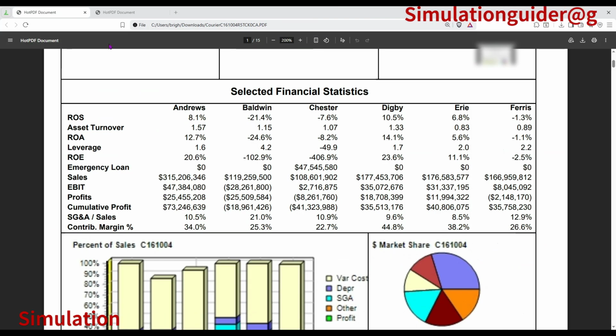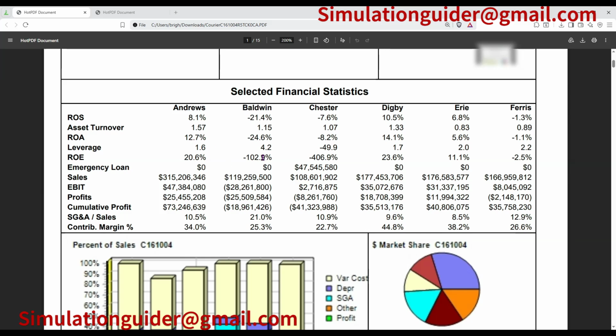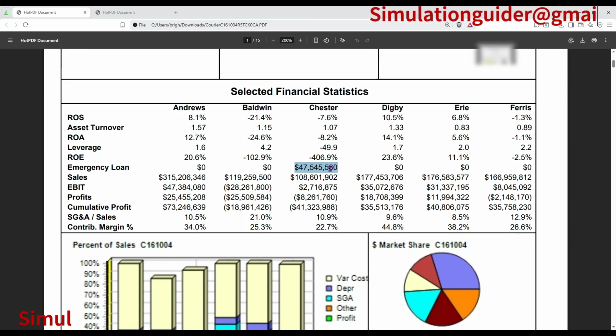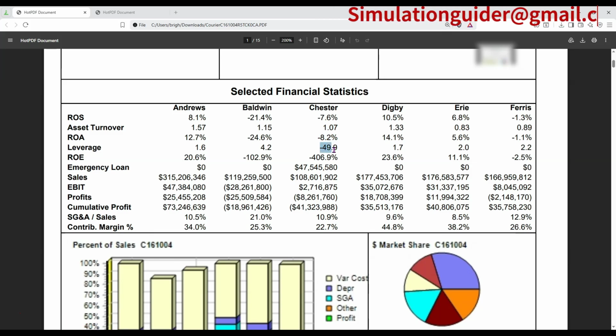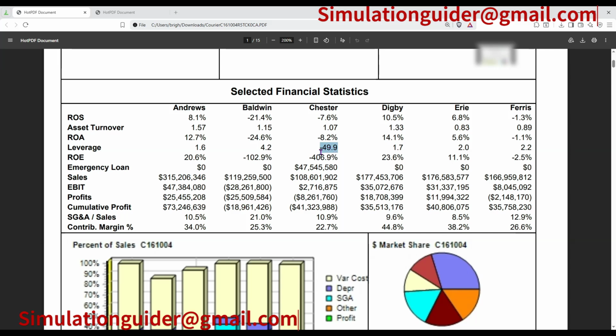This is the first report, the round 5 report, and as I said earlier, at Team Chester, you can see that we had an emergency loan of 47,545,580. Also, our ROS was negative 7.6%, asset turnover of 1.07, ROA of negative 8.2%, leverage of negative 49.9, ROE of negative 406.9%, which is really bad.